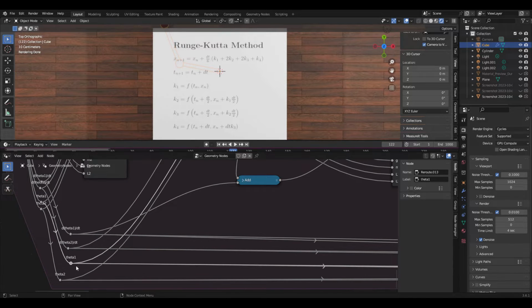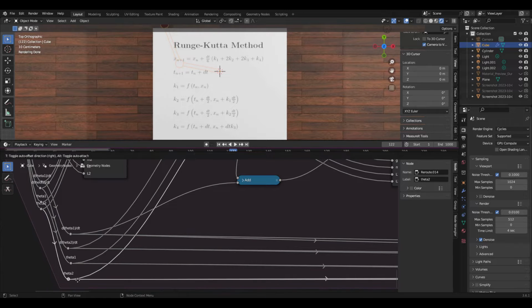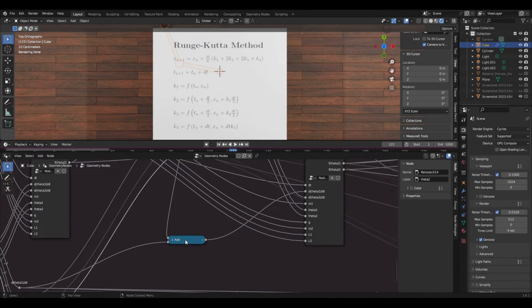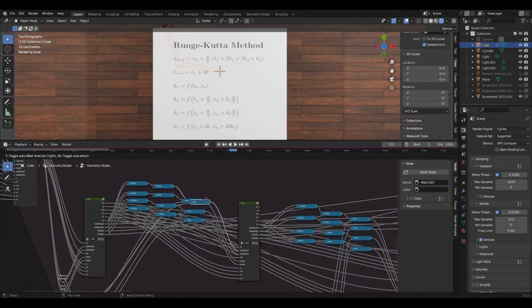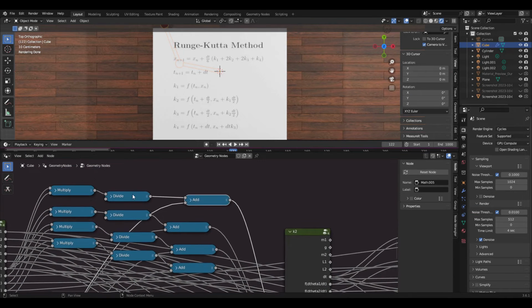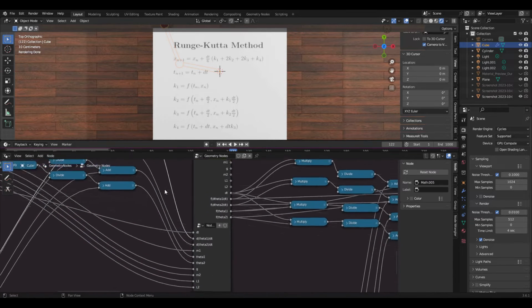So that takes care of the velocity terms, but then there's also displacement terms that need to be incremented, because really there's theta 1, theta 2, theta 1 dot, theta 2 dot, the four variables that are changing throughout the simulation.